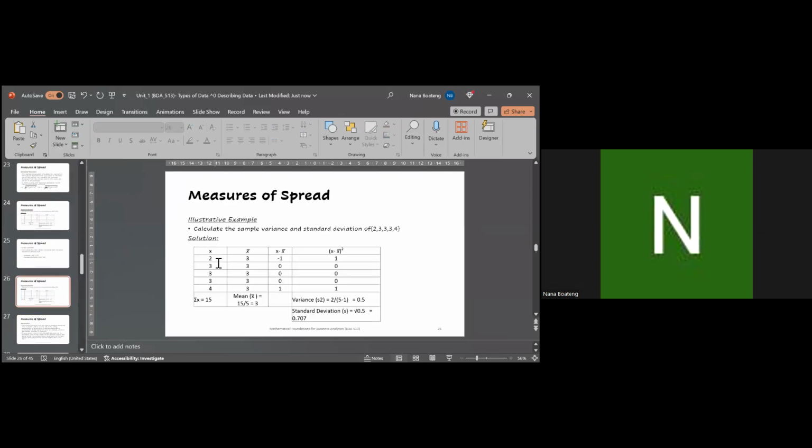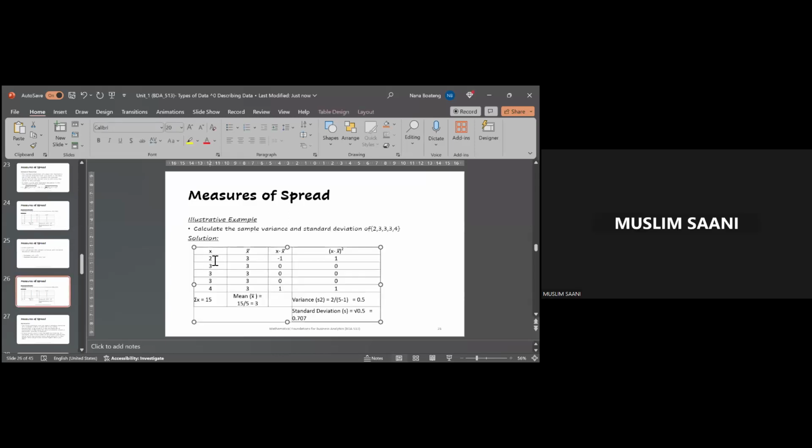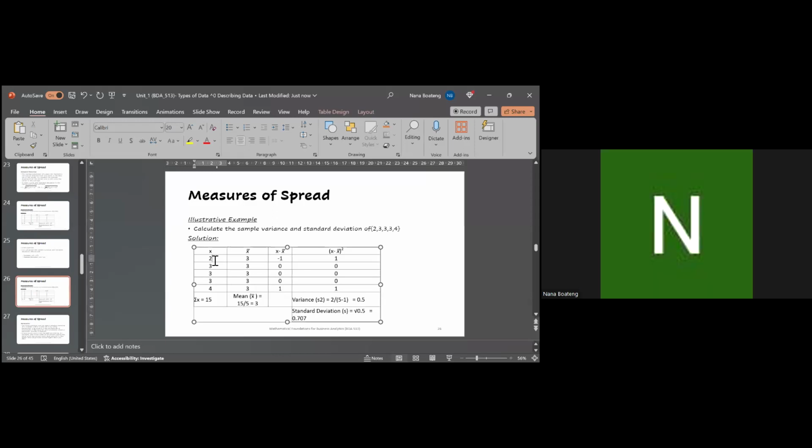Okay, so can you give me the x values: 5, 3, 6, 3, 8, yeah? So we have 5, 3, 6, 3, 8. Okay, so what is our mean?